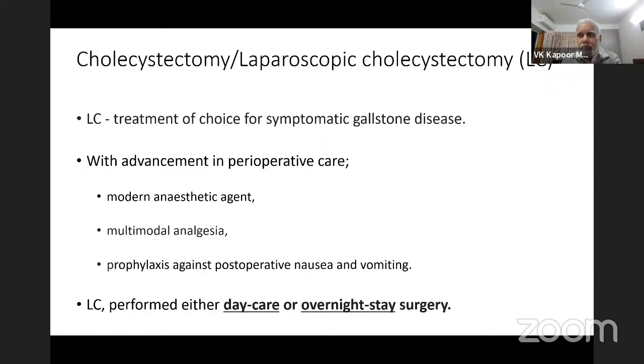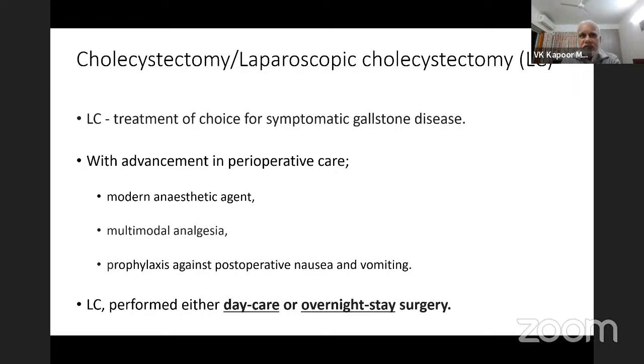Although I personally prefer, and it has been our practice, that we keep the patient at least for one night in the hospital. The only exception, Anu would remember, we have made is a young lady who has a small child who's breastfeeding.